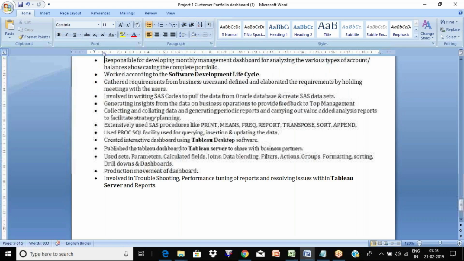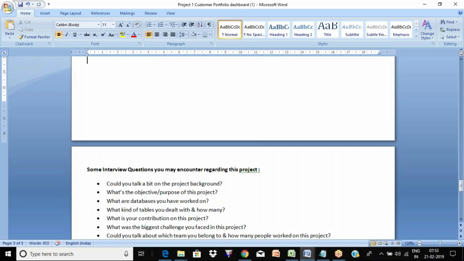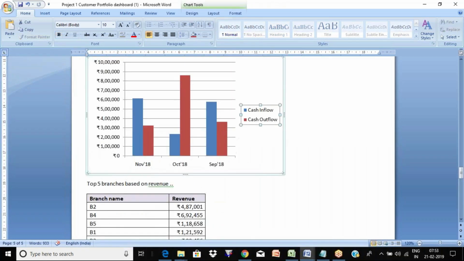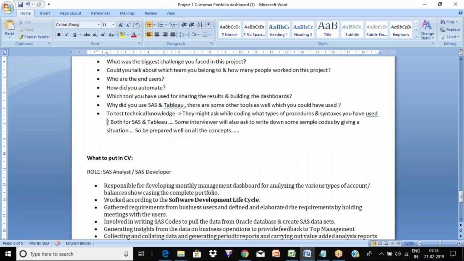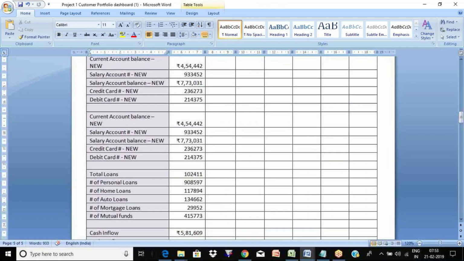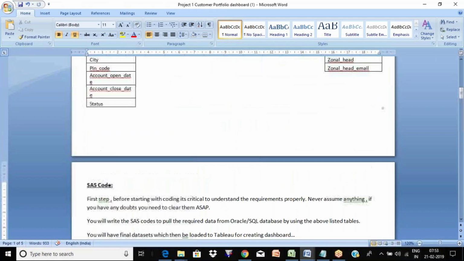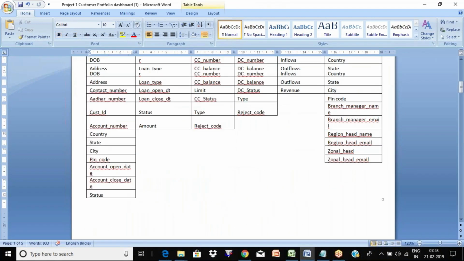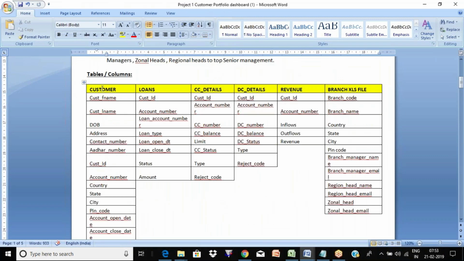So for Tableau also, what you will do is put the Tableau stuff only. If you are showing you have worked only on Tableau, then for the same project, you say that these tables were there in the databases, or this data was there in the raw data files.